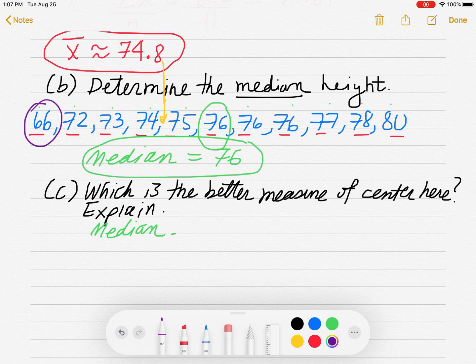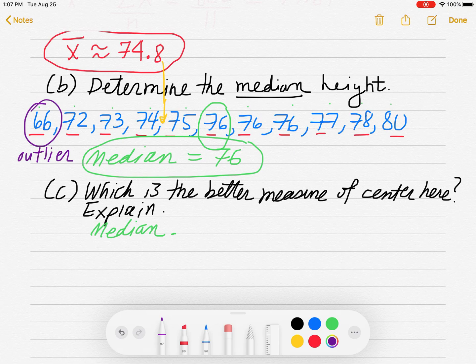He's an outlier. That 66 is pretty far away from the other numbers, pretty far from 72. All the other blue numbers are spaced pretty close together, but 66 is far away from the others. So that outlier is affecting the mean quite strongly and pulling it to the left.